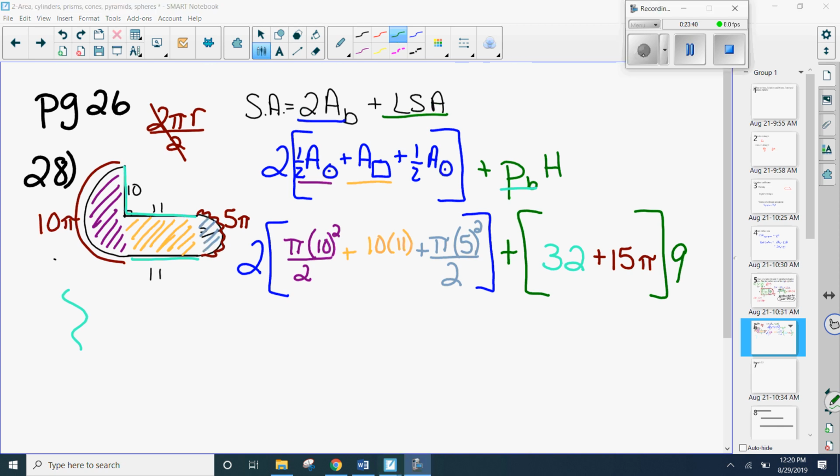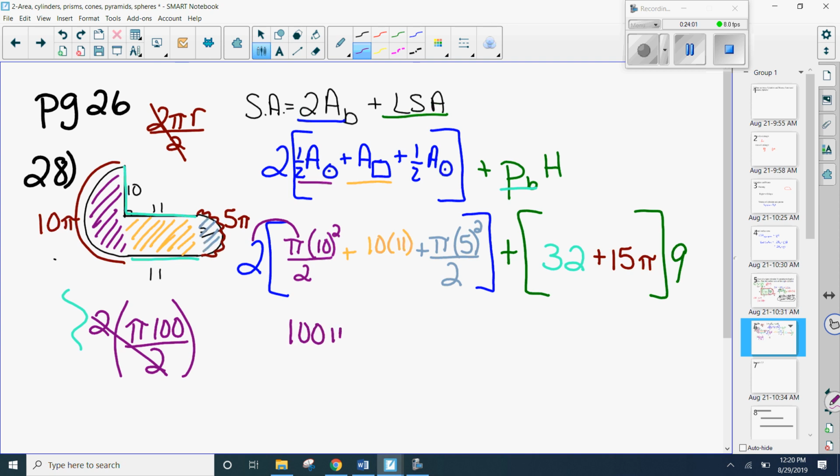Now we're going to calculate. I'm going to do this kind of in 2-step right here. I'm going to take 2 times this fraction. And if I were to take 2 times pi, 10 squared is 100, and divide by 2, those 2's are going to cancel. So this first part is just 100 pi.